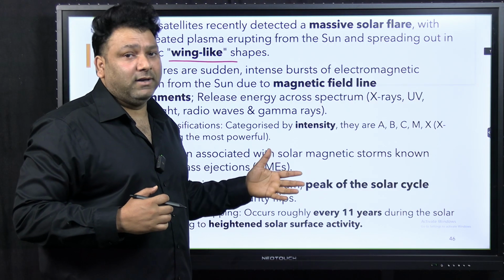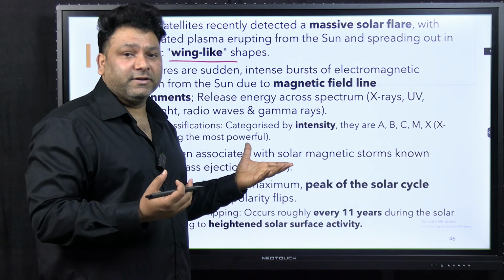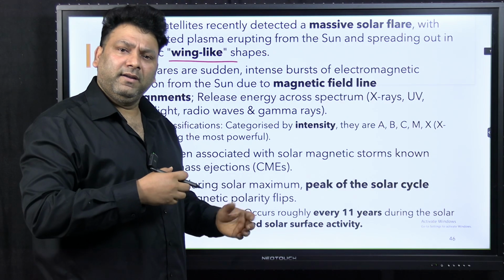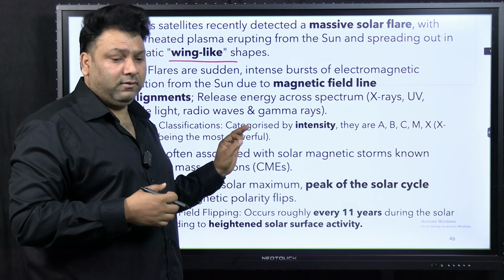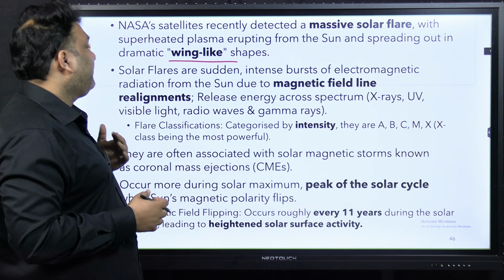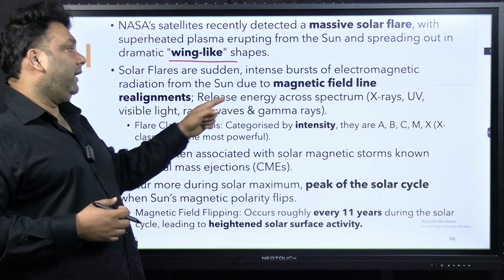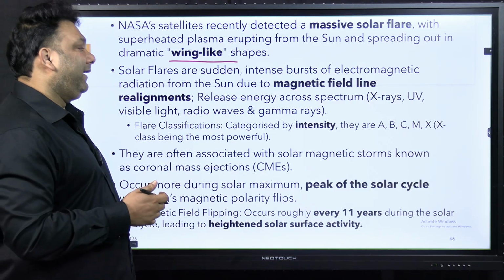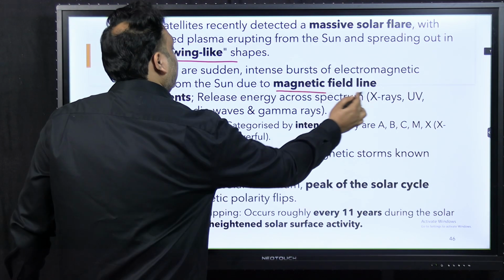For example, you are using a gas stove, and there is some problem in the gas pipe connection, then also a little more gas comes out. Similarly, in the sun also gas comes out. So these are nothing but intense bursts of electromagnetic radiation from the sun due to magnetic field lines realignment.